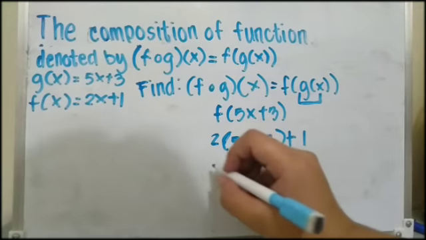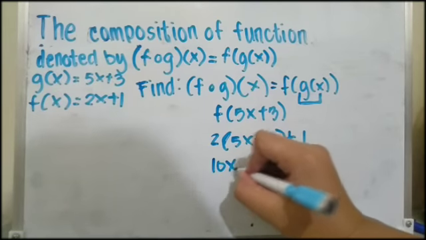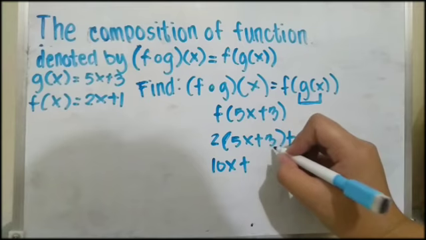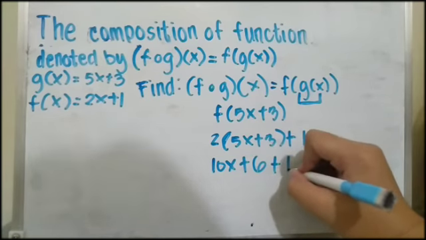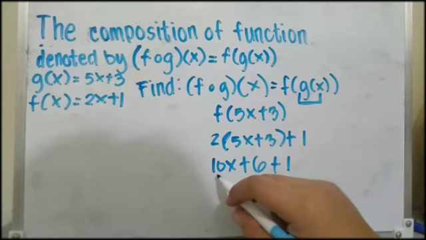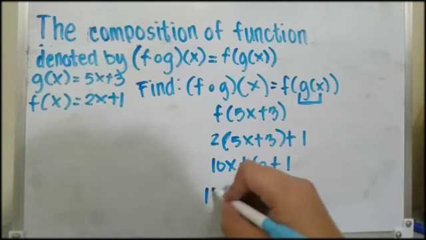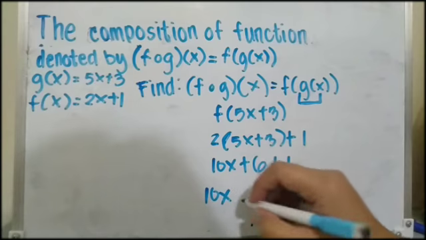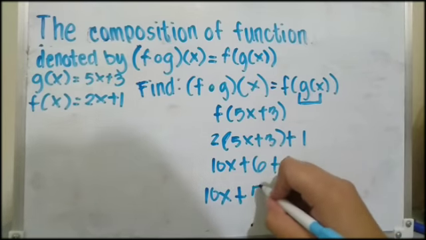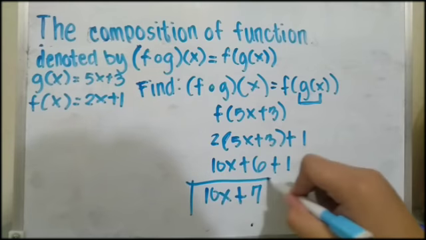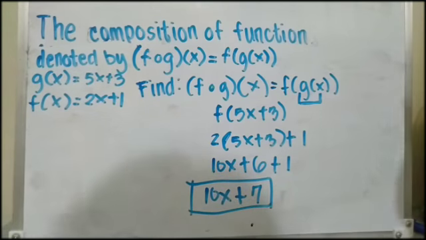So 2 times 5x is 10x, plus 2 times 3 is 6, plus 1. Add the like terms, so 6 plus 1 is 7. So that is the final answer. So it's simple.